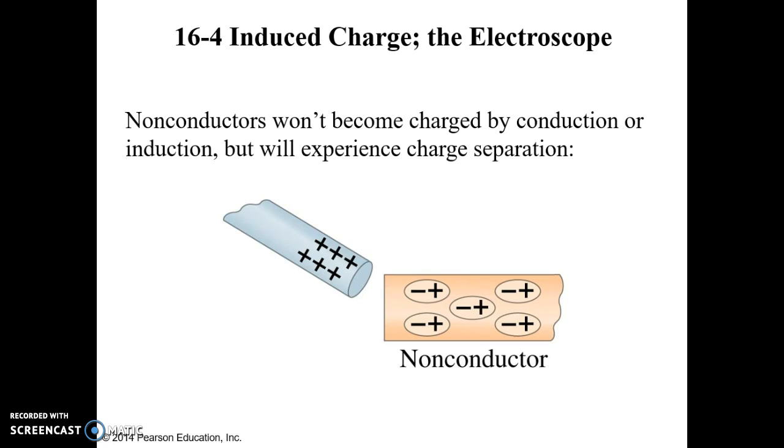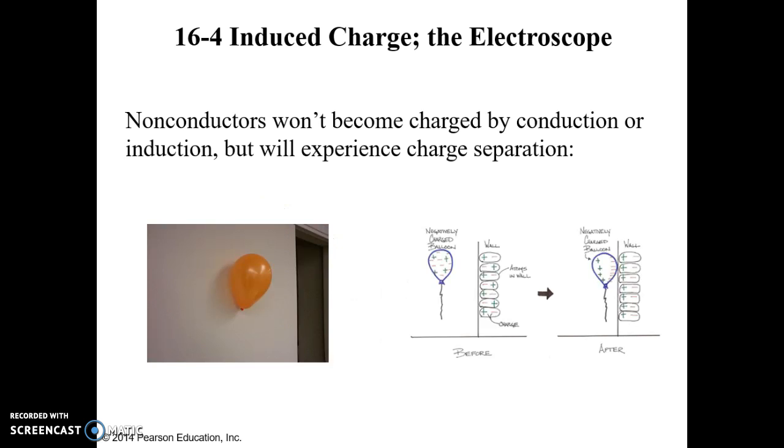The negatively charged electrons are attracted to the external positive charge, so they move in that direction within their molecule. Because the negative charge in the insulator is nearer to the external positive charge, the insulator as a whole is attracted to the external positive charge. It's the same as rubbing a rubber balloon and having the charged balloon stick to an insulating wall.